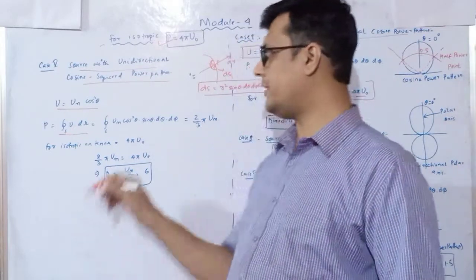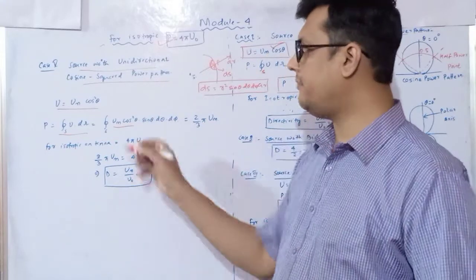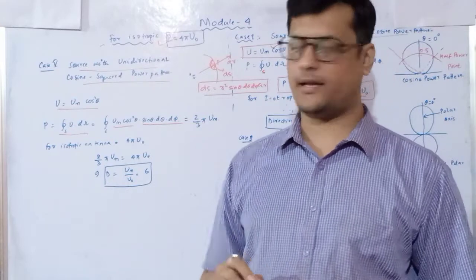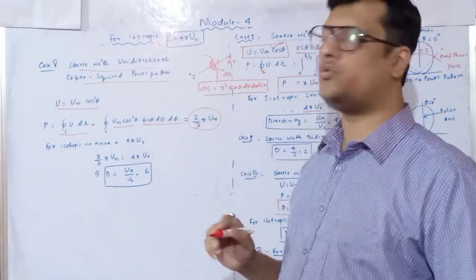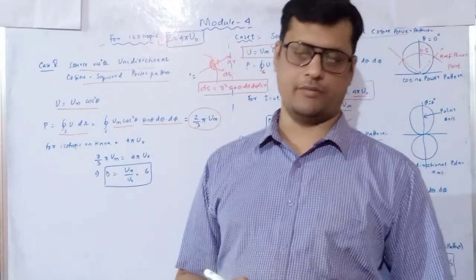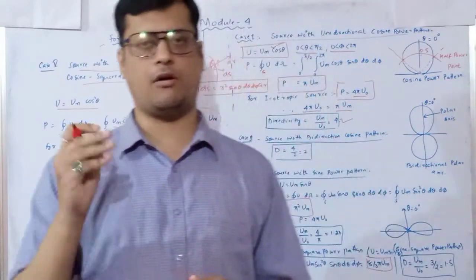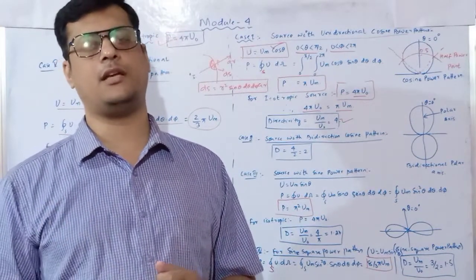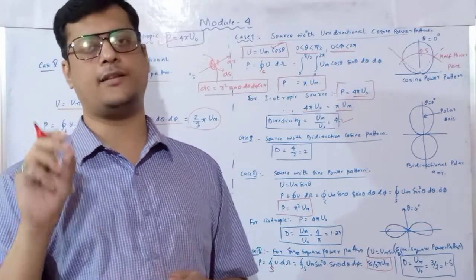In place of U, substitute cos square theta. In place of d omega, substitute sin theta d theta d phi. After solving this, you will get around 2 by 3 pi into U0. This is the value we will get with respect to the cos square theta pattern. Now we have to compare with the isotropic pattern, because we are considering that the point source is isotropic in nature.